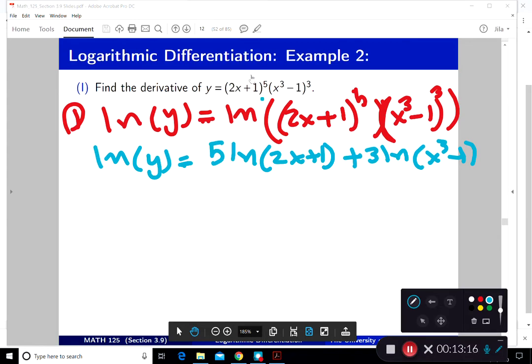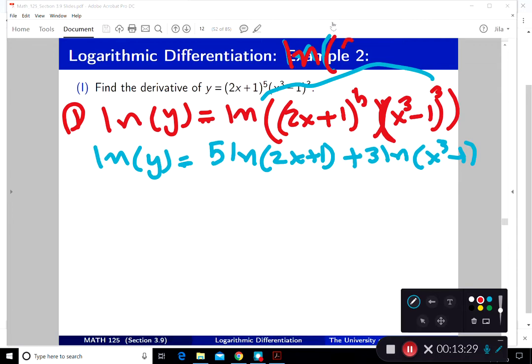See, over here I did a power law first. That was natural log of (2x plus 1) to the power 5 plus natural log of (x to the 3 minus 1) to the power 3, and then I did an exponent law and it worked like that.